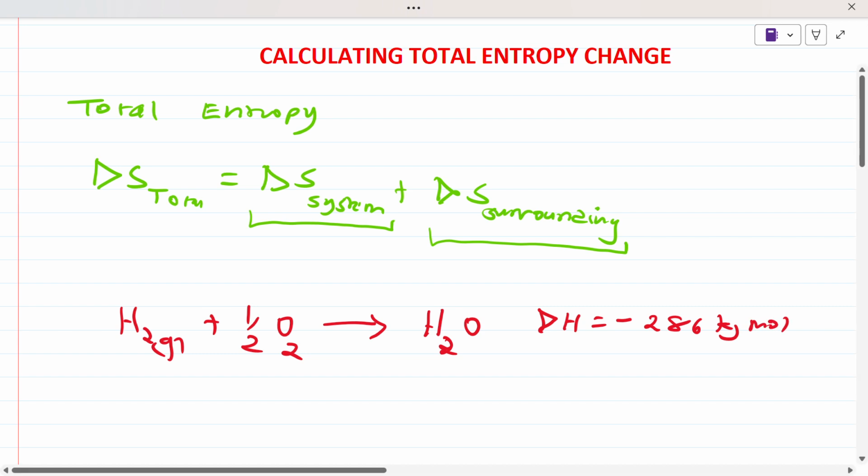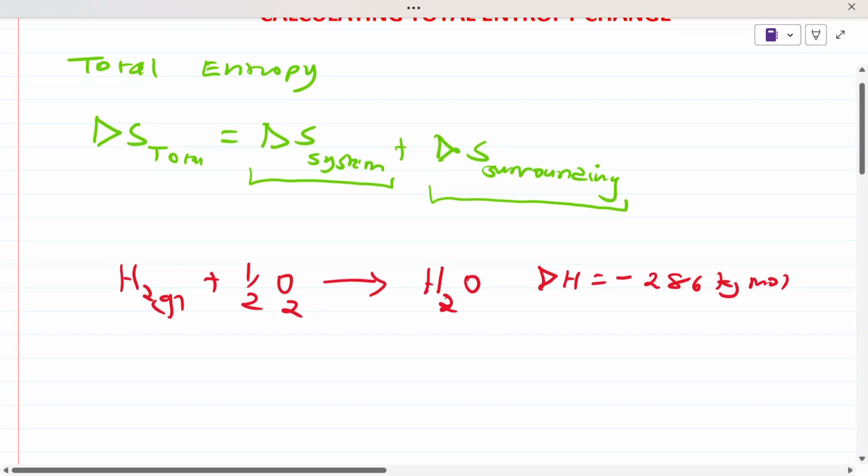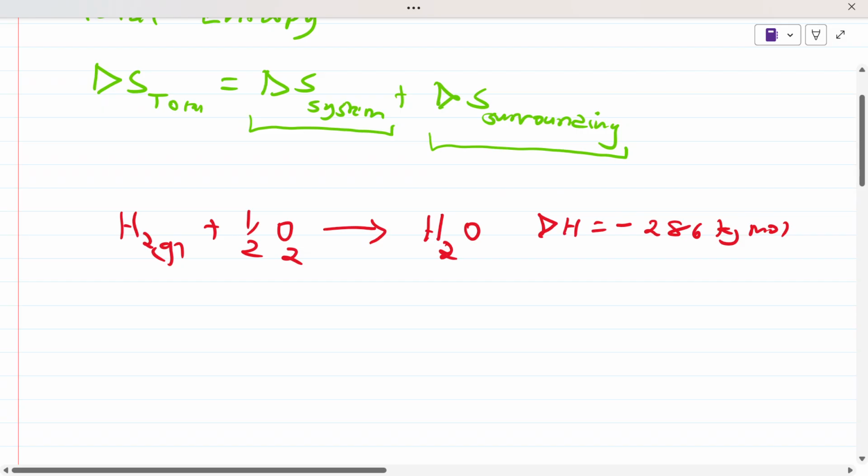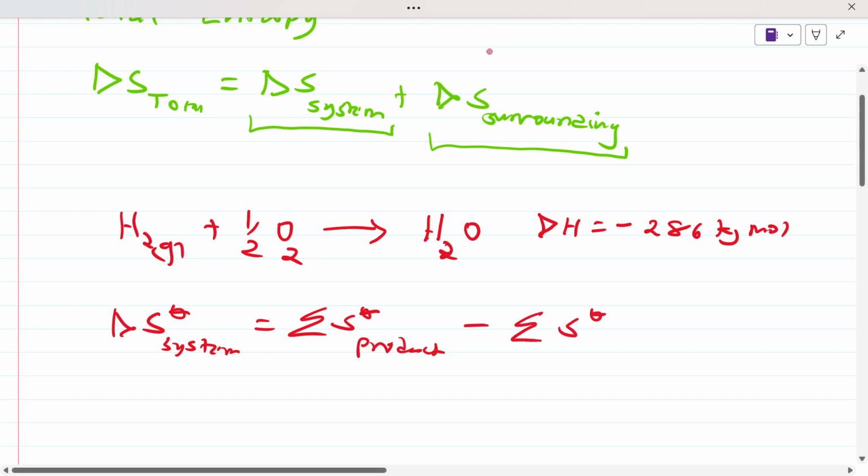Now, if I'm supposed to calculate delta S of the system, I'm going to say my delta S of the system under standard condition is equal to the summation of the entropies under standard condition of the products minus the summation of entropies under standard condition of the reactants.